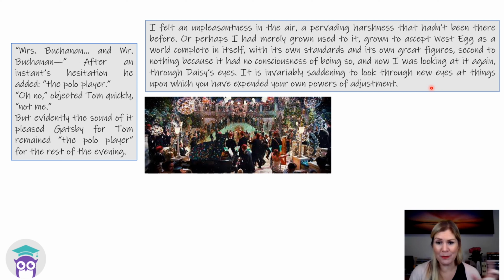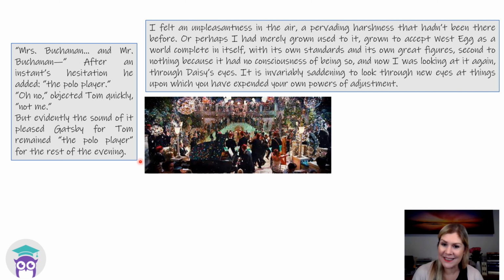When Tom came to his house before for this refreshment, Gatsby was left on the back foot, and now he's in his comfort zone. So look at how he introduces Tom to the people at his party. "Mrs. Buchanan and Mr. Buchanan." After an instant's hesitation, he added, "the polo player." "Oh no," objected Tom quickly. "Not me." But evidently the sound of it pleased Gatsby, for Tom remained the polo player for the rest of the evening.